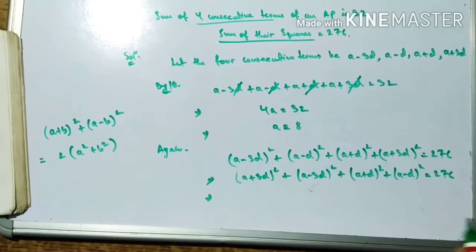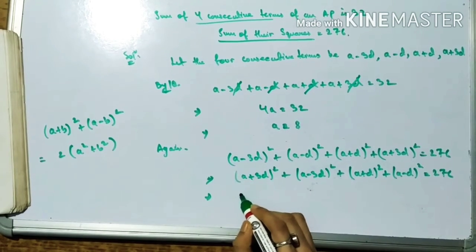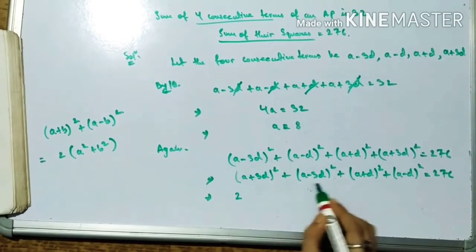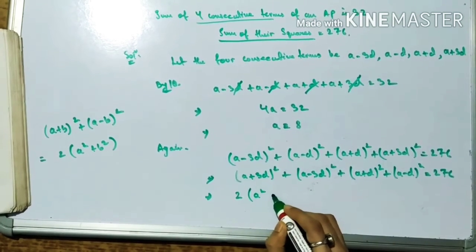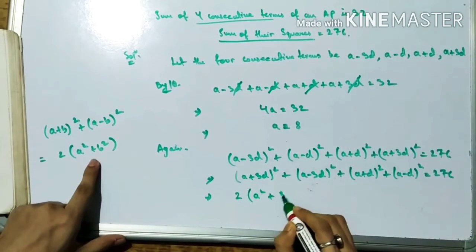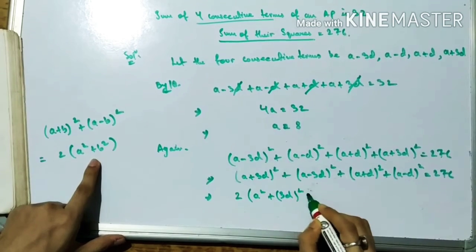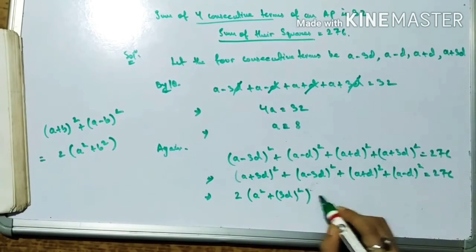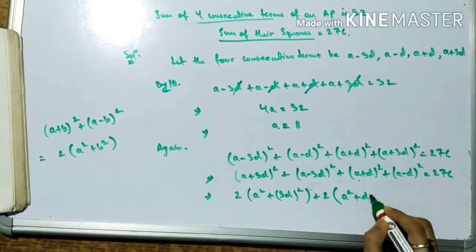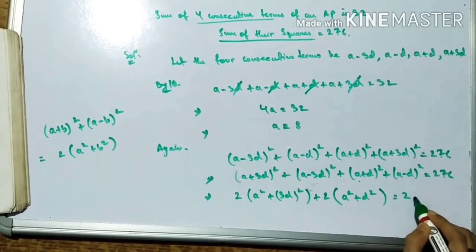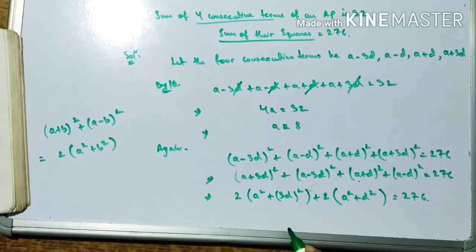So I will get twice a square plus 3d the whole square, and again twice a square plus d square, is equal to 276.